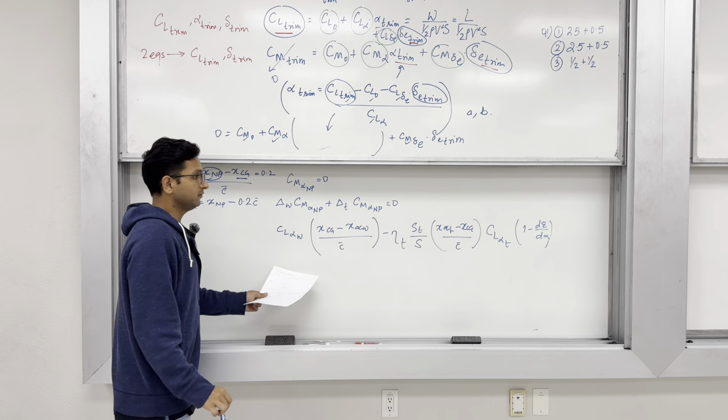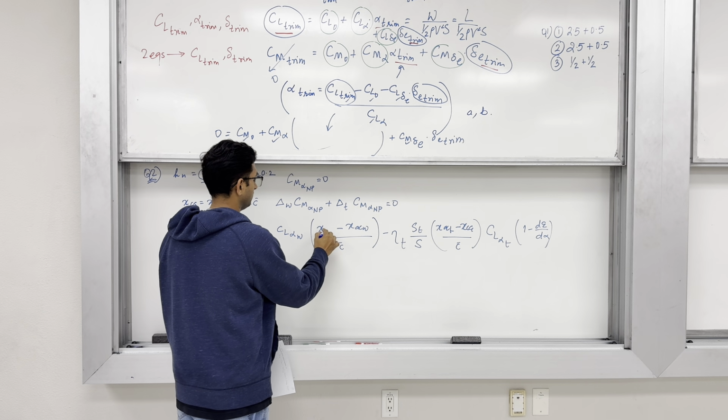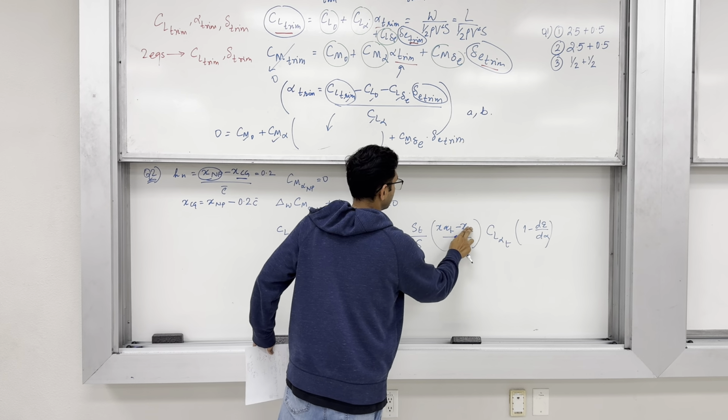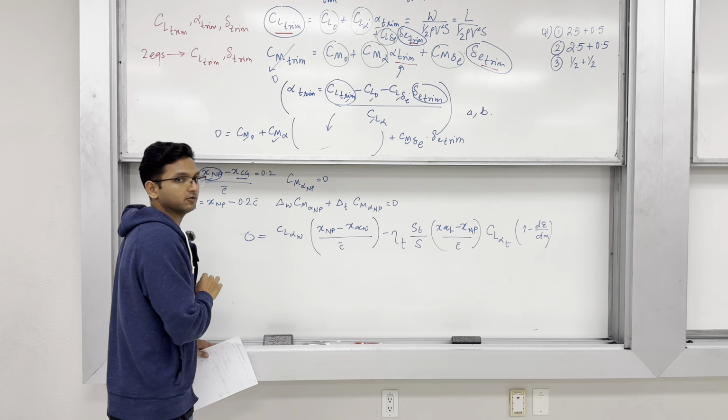Now, this gives me the contribution about CG. So, just change the location about which you are taking the moment. So, this becomes the contribution for the neutral point, and this should be equal to 0.